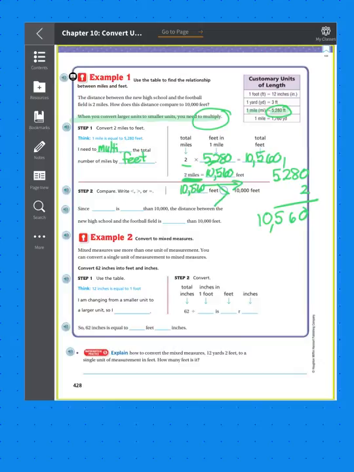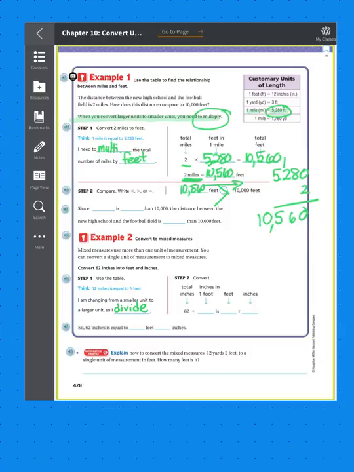Okay, so here you can also convert inches into feet, and then you can use remainders to be inches. So for example, if I have 62 inches, using the table, I'm going to take my inches into feet. So if I'm changing from a smaller unit to a larger unit, I'm going to divide.